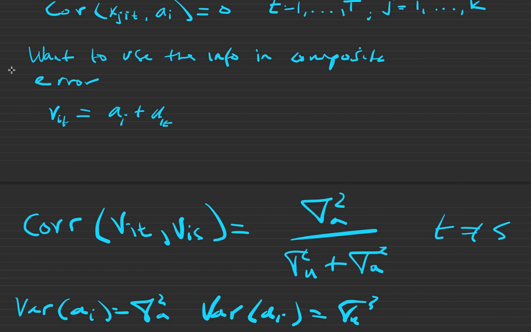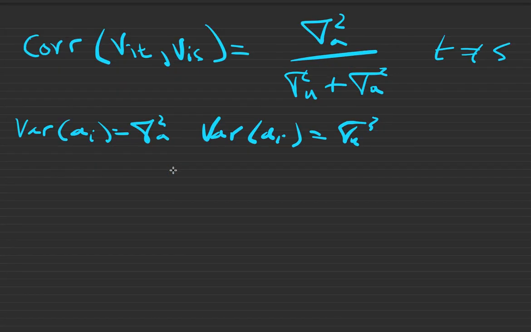Alright, so again, pooled OLS is going to ignore that this serial correlation exists. So the standard errors and test statistics are going to be invalid with pooled OLS.